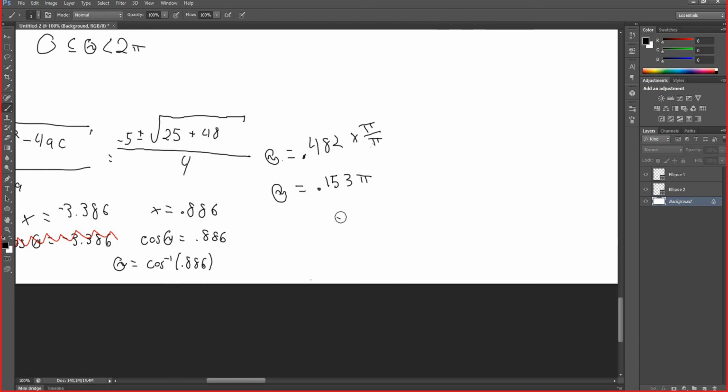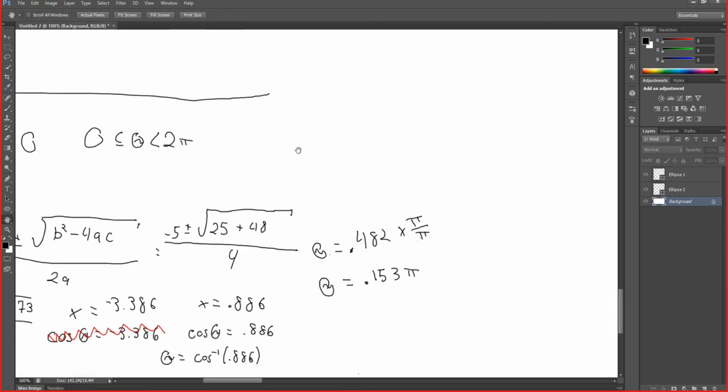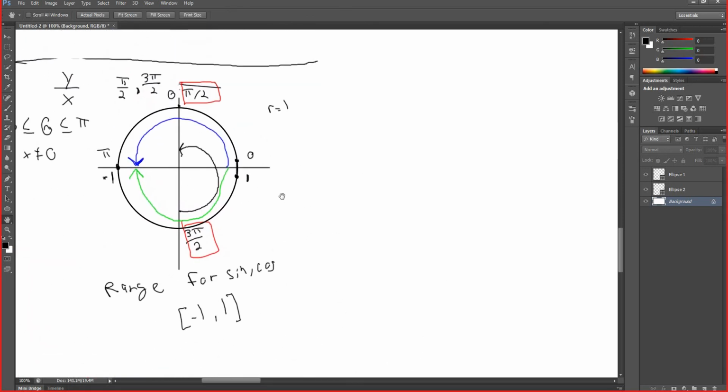When dealing with cosine, so this is my theta. Realistically, I'm now looking at 2 pi, and I'm subtracting theta from it.